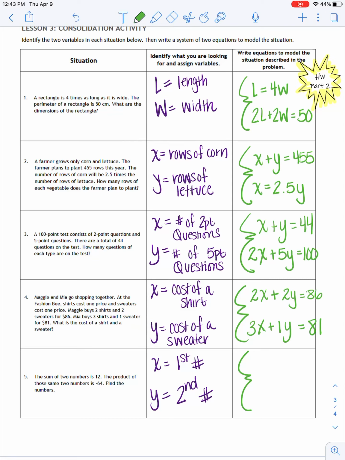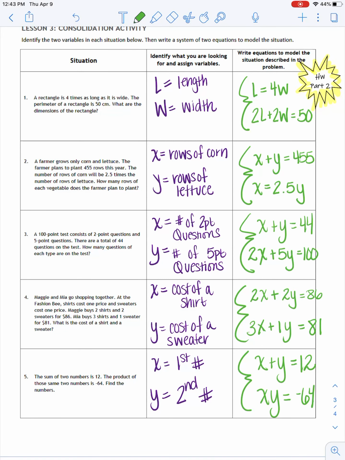Well, what does sum mean? Sum means addition. So we are going to take X, add Y to it, and that sum should be 12. We also know the product of those same 2 numbers is negative 64. So if I take X times Y, that should give me negative 64.